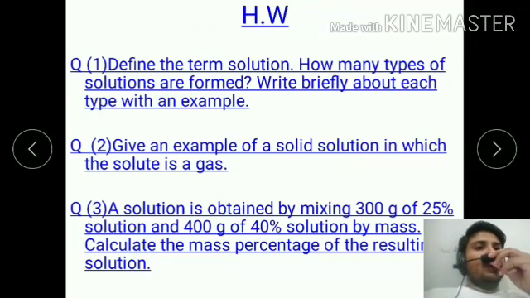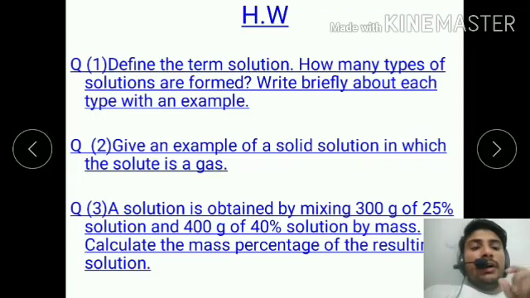Homework, this is very important for you. You have to do it in your notebooks. Question number one: define the term solution. How many types of solution are formed? Write briefly about each type with an example. Question number two: give an example of a solid solution in which the solute is a gas. Read the question carefully.